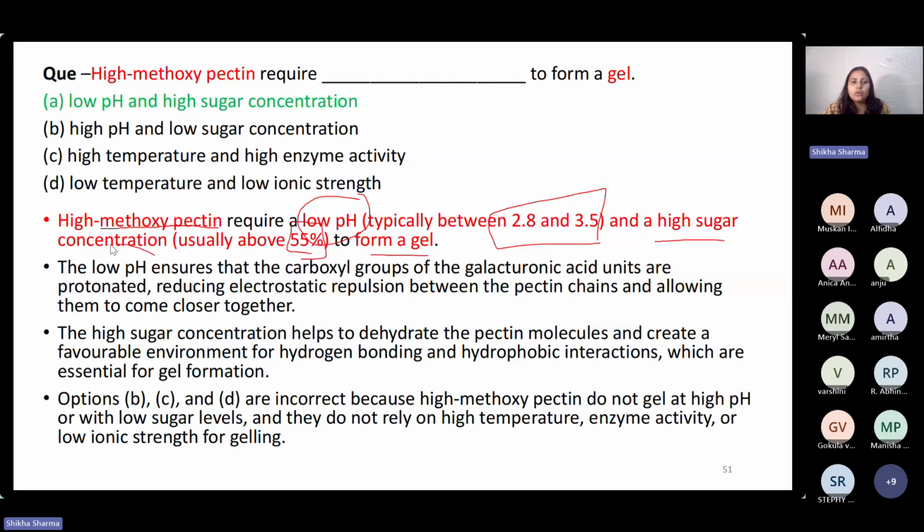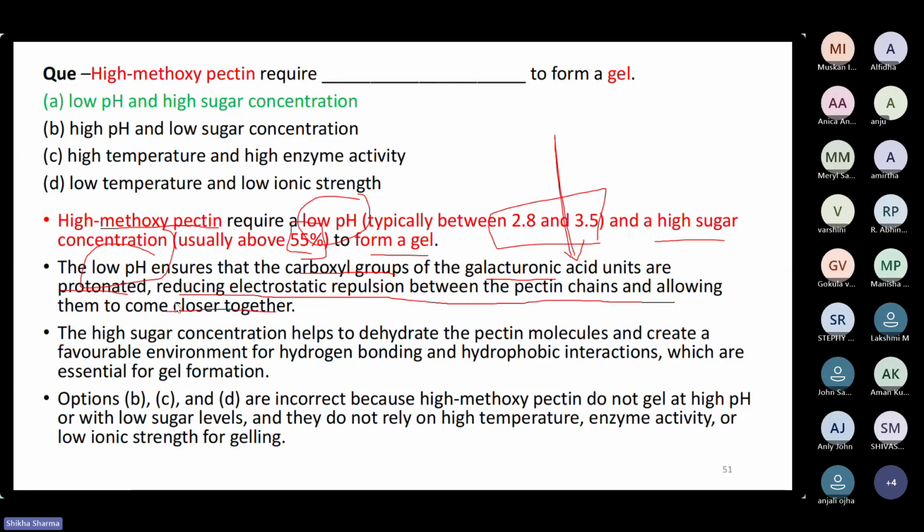Low pH ensures that the carboxylic groups of the galacturonic acid unit, which is the monomer of pectin, are protonated, reducing the electrostatic repulsion between the pectin chains and allowing them to come closer. That's why they can form the gel-like structure. Only when there is less repulsion can the gel form.